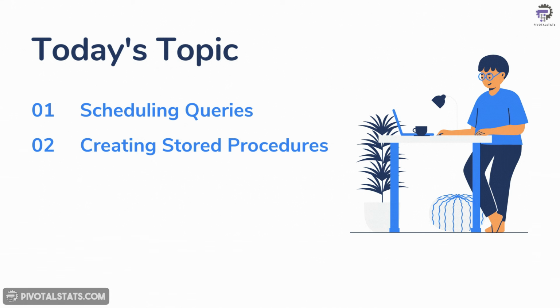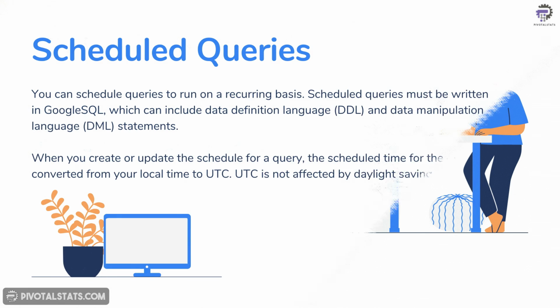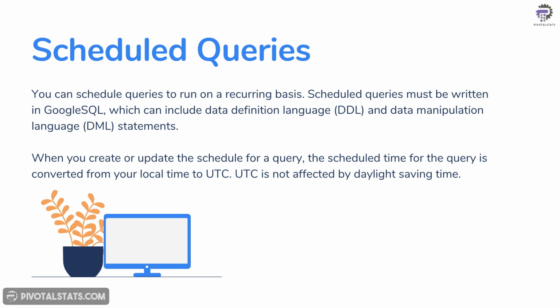We're going to cover two important topics. The first covers a scenario when you want to automatically schedule a query to run at a specific interval of time. For example, if you want a specific query to run every day for a certain period, you can do that using scheduled queries in BigQuery.